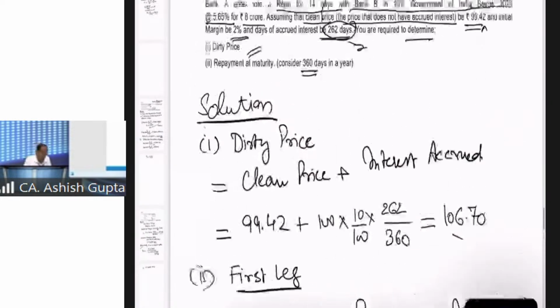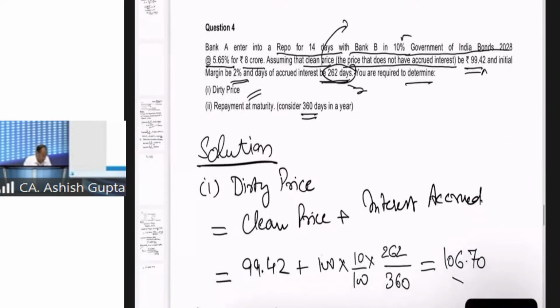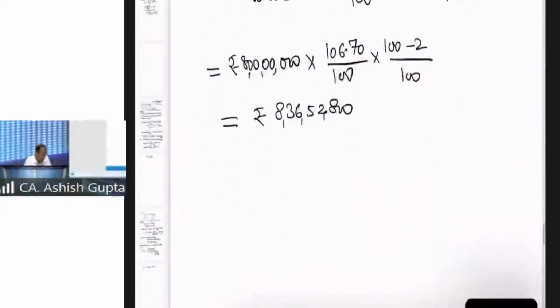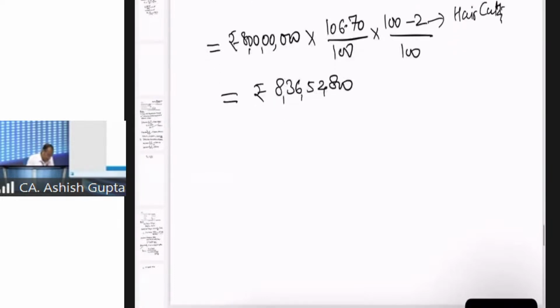Okay, so this margin is basically also called the haircut, because generally this margin is taken as compensation for loss in the value of the collateral.